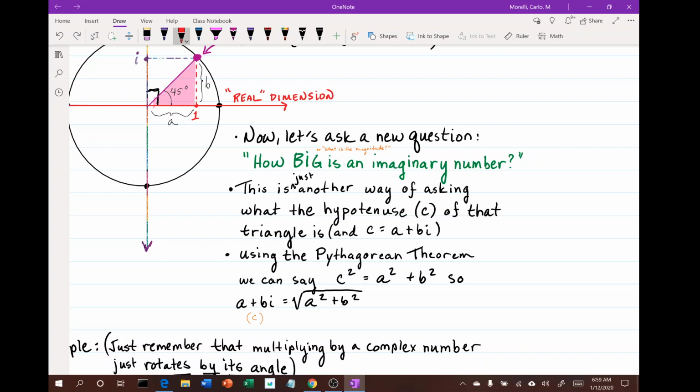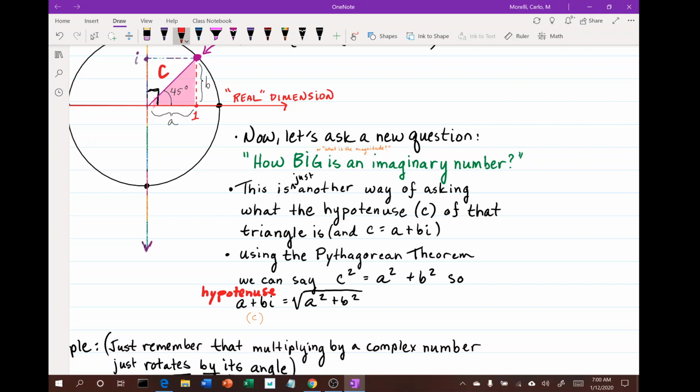So a plus bi, that is c, the hypotenuse, equals the square root of a squared plus b squared. You've been solving those problems since you were little.